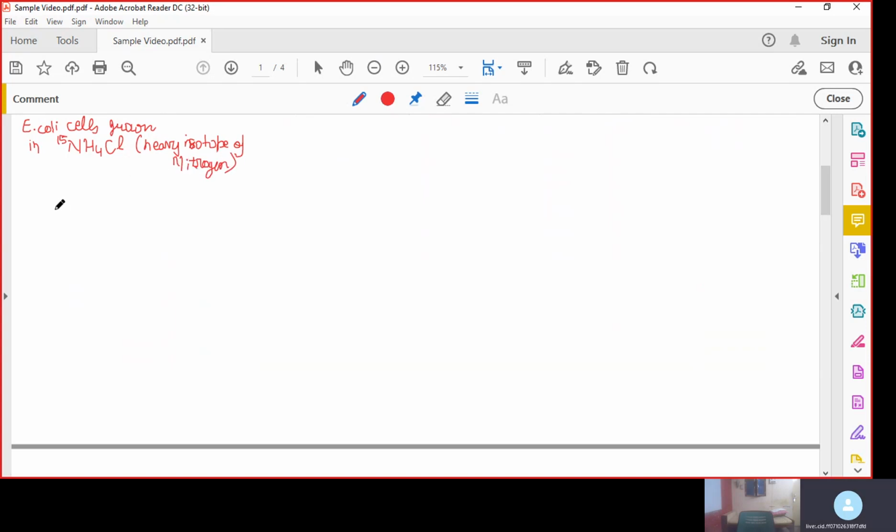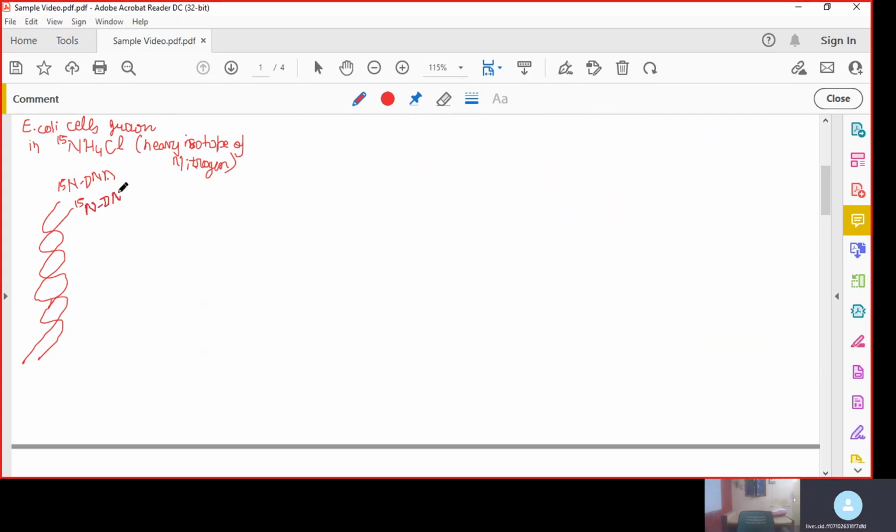So this was one DNA molecule, and this was the complementary strand to it. Both were grown for a few generations in this ammonium chloride.